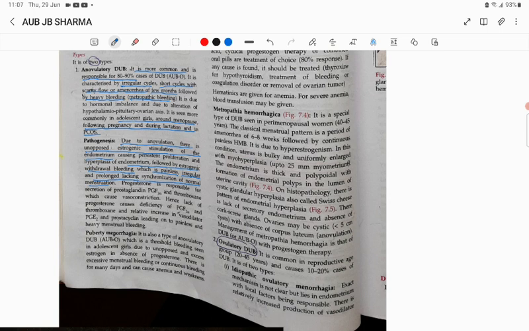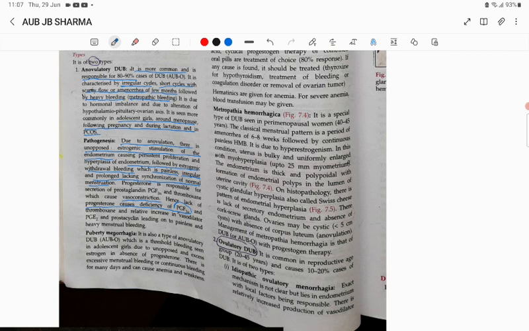Progesterone is responsible for secretion of prostaglandin F2 alpha and thromboxane, which cause vasoconstriction. Remember, in anovulation there is absence of progesterone. So there is no secretion of prostaglandin F2 alpha and thromboxane.